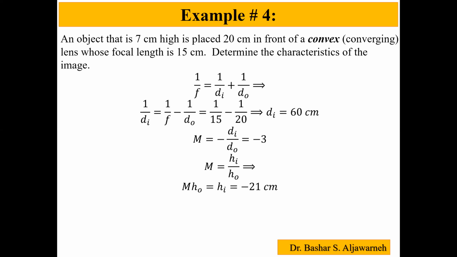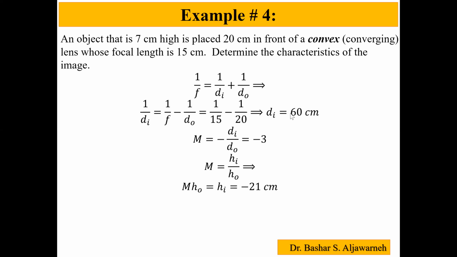But we are saying the distance of the object should be the distance from the lens to where the object is. Now, 1 over focal length equals 1 over image distance plus 1 over object distance, and we are going to calculate the image distance. Do your calculations. You will get d, or image distance, is 60 centimeter.